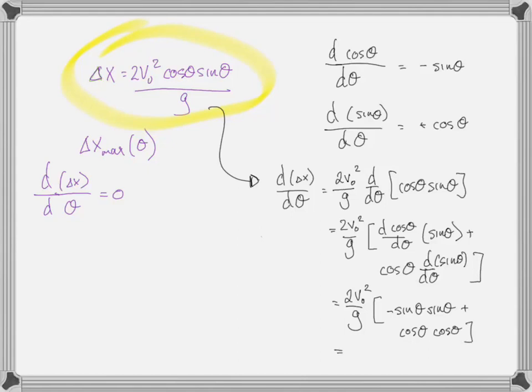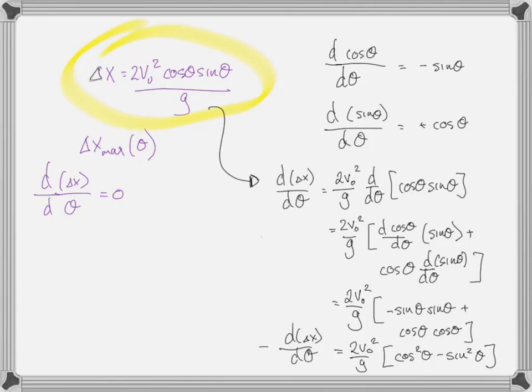So we've got 2 v0 squared over g times, I'm just going to change the order of these, cosine squared theta minus sine squared theta. That's what we end up getting for the derivative of delta x with respect to theta.